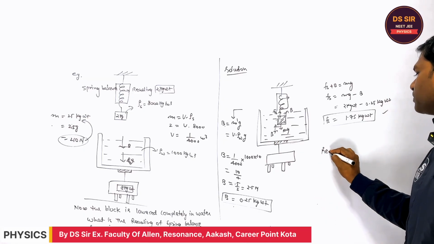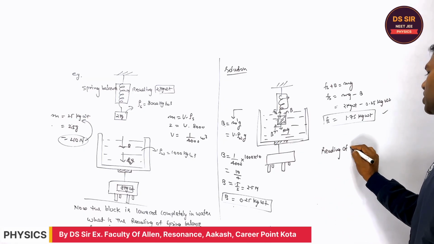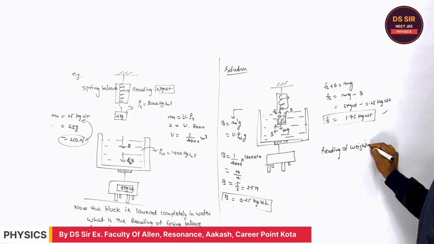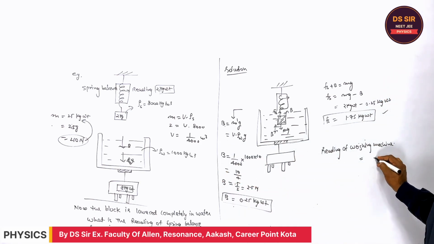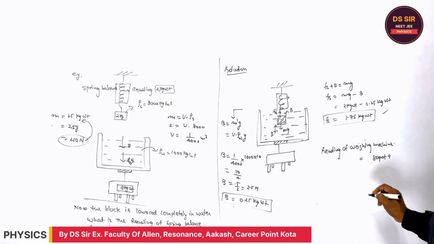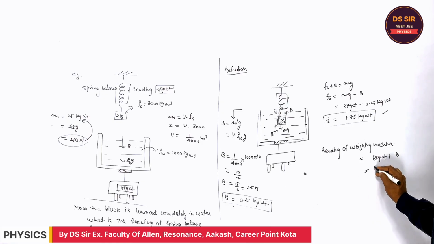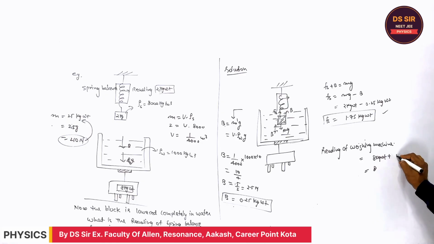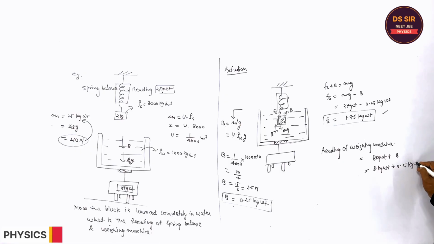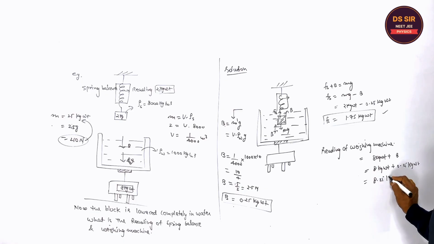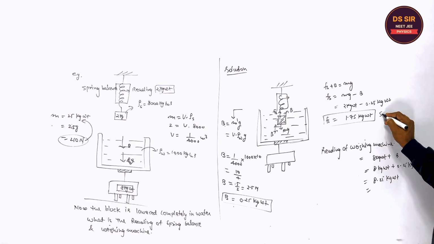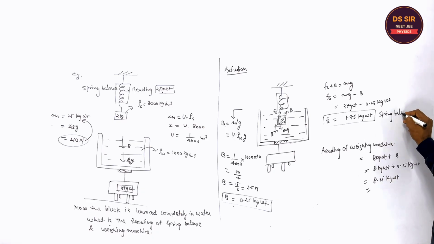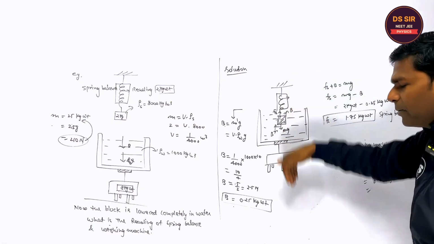So the reading of the weighing machine will be equal to what? 8 kg weight plus buoyancy force. So what is the buoyancy force? 8 kg weight plus 0.25 kg weight. So the reading will be 8.25 kg weight. Is it clear or not? This is the reading of the weighing machine. This is the reading of the spring balance when it is dipped completely.